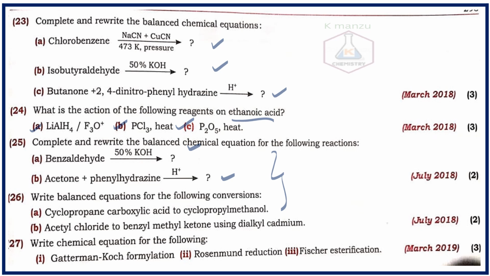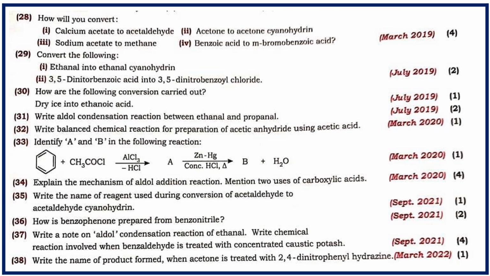In the first slide I told you about Gattermann-Koch formylation, Rosenmund reduction, Fischer esterification. So all these things have been covered. A very big chapter. In part 2, this is the biggest chapter, having the highest weightage of 8 marks. So one should not keep this chapter aside. You have to give more importance to this chapter.